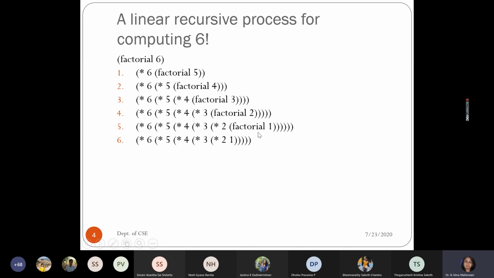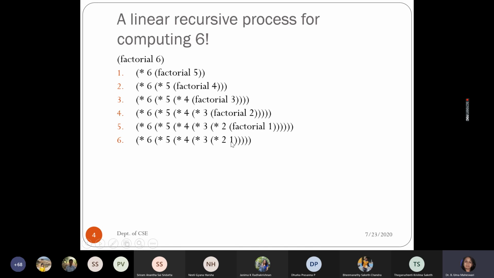Now the Lisp interpreter substitutes a value here. It uses the substitution model. There are two substitution models we already discussed, the applicative order substitution model and the normal order substitution model. According to the substitution model, factorial of 1 is nothing but 1.